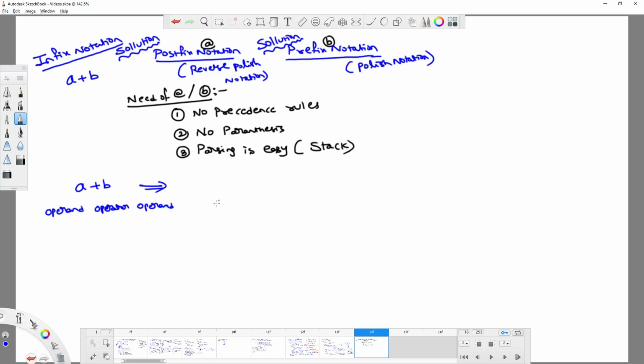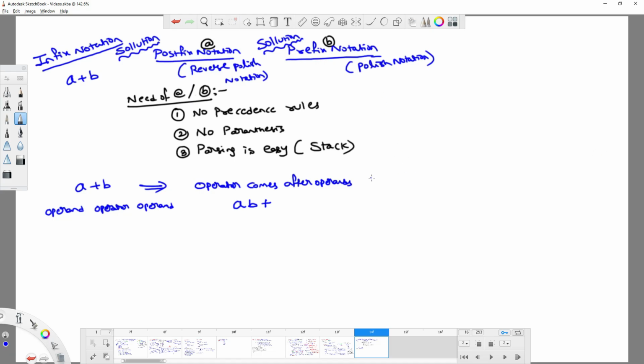In postfix notation, the operator comes after the operands. Operands are A and B, and plus is the operator. The operator comes after the operands.